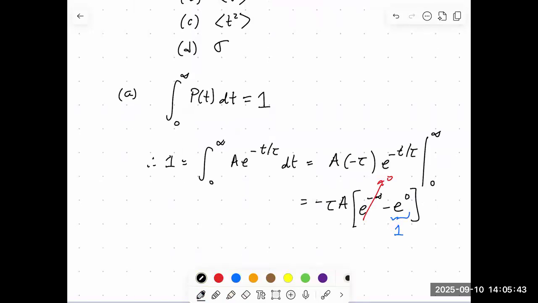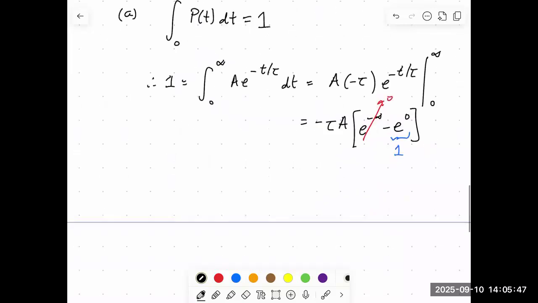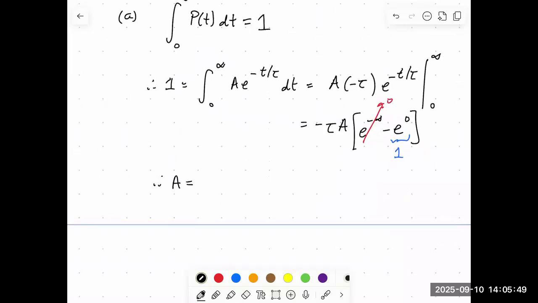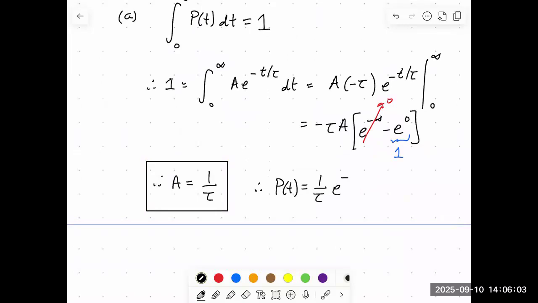And so we end up with 1 is equal to a times tau, or a is equal to 1 over tau. And so therefore, what we could say is that our normalized probability density is going to be 1 over tau e to the minus t over tau.